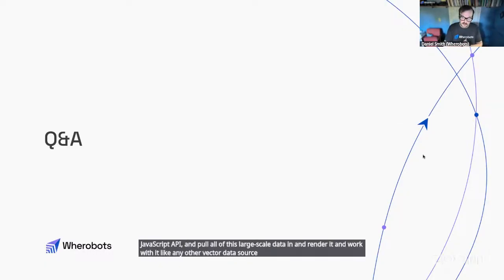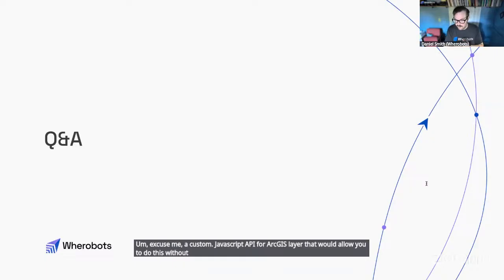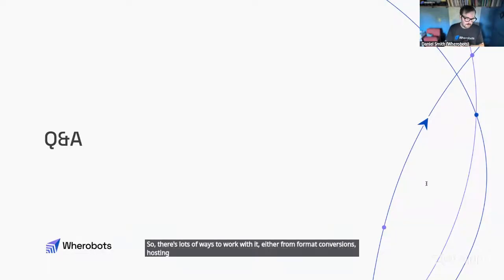We're also working on a custom JavaScript API for ArcGIS layer that would allow you to do this without the need of an intermediate tile server. So there are lots of ways to work with it: format conversions, hosting it through tile servers, or even custom layers as well.